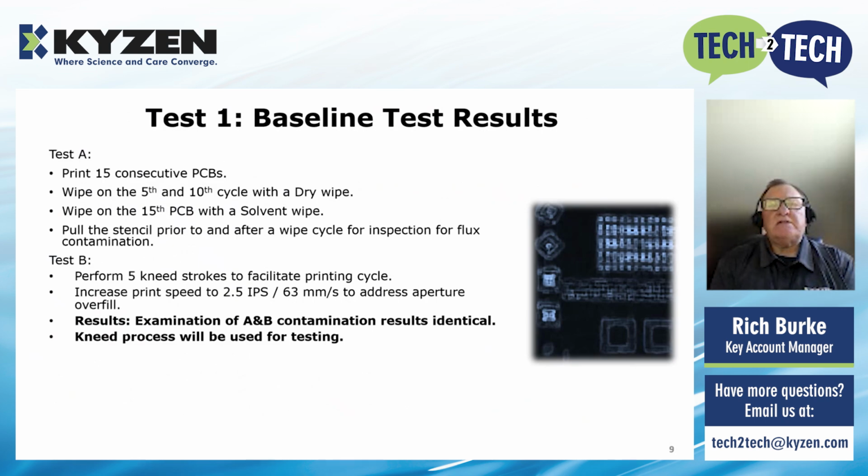So test number 1, this baseline test, is broken into 2 parts, so that we can determine whether or not it's necessary to run full print cycles, or can we replicate the print process with a kneading stroke process. The first phase here was to print 15 consecutive boards, and then on the 5th and 10th board do a dry wipe, and on the 15th board do a solvent wet wipe process.